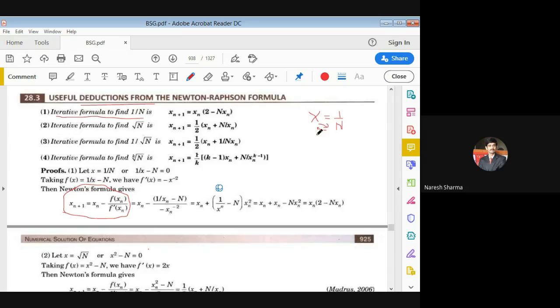And this can be written as n is equal to 1 by x. So if we shift n to the right hand side, then it can be written as 1 by x minus n, which is equal to 0.